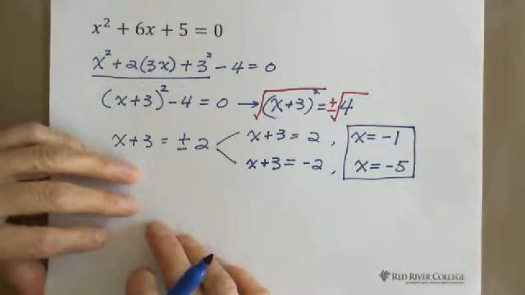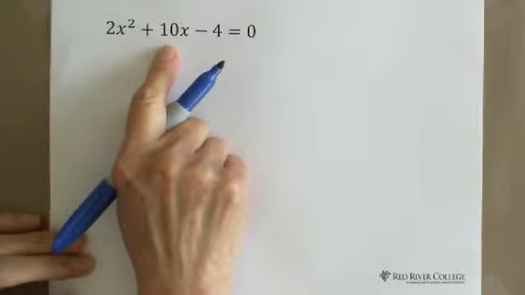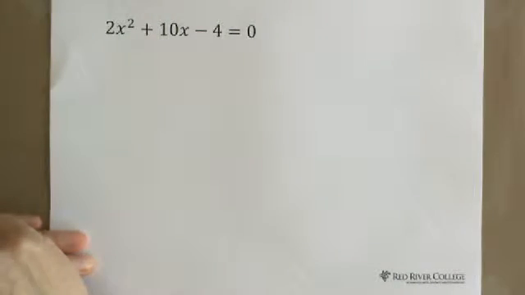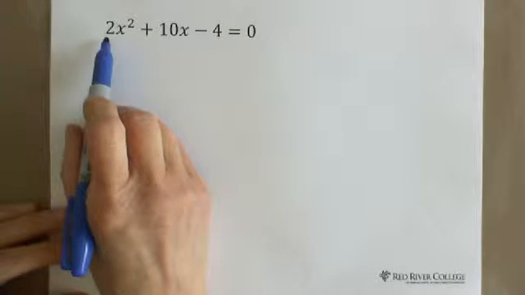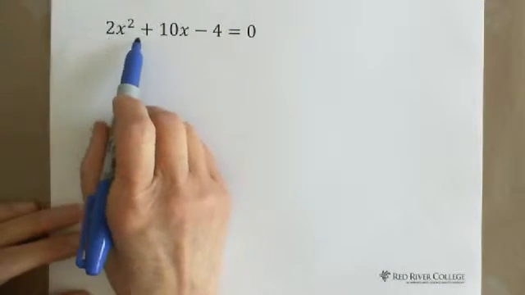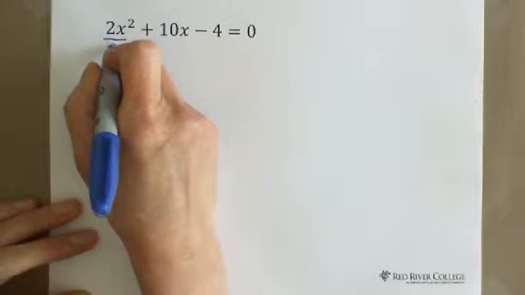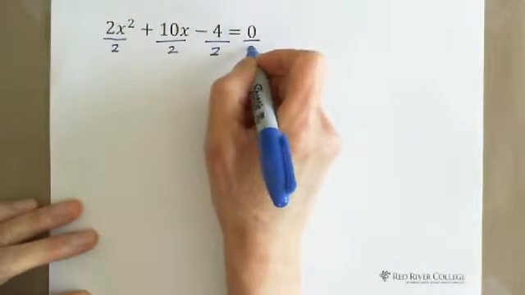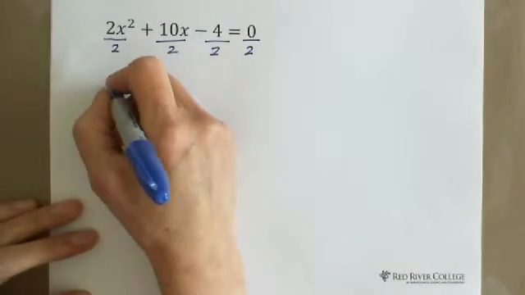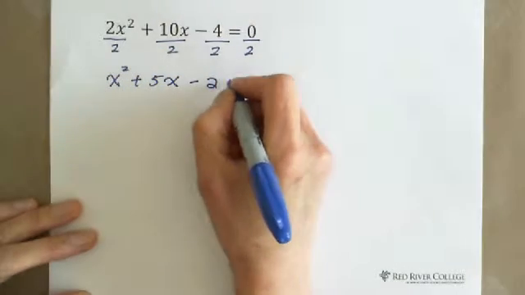Second example, I'd like to show you 2x squared plus 10x minus 4 equals 0. For solving this quadratic equation, first we find that 2, 10, and 4 are all even numbers, divisible by 2. So we divide each term by 2 and have x squared plus 5x minus 2 equals 0.